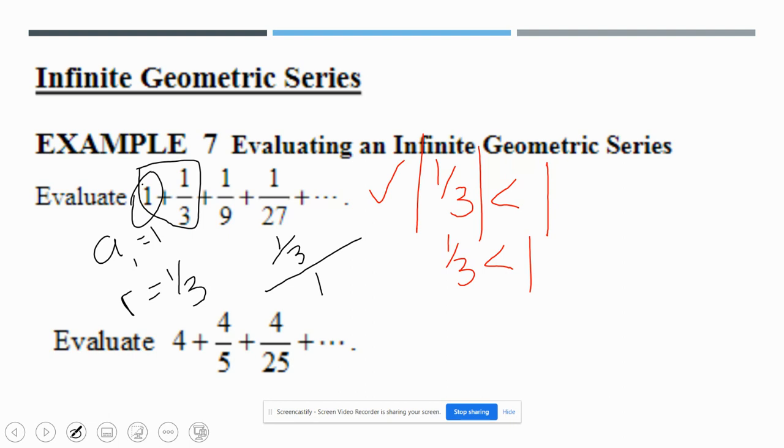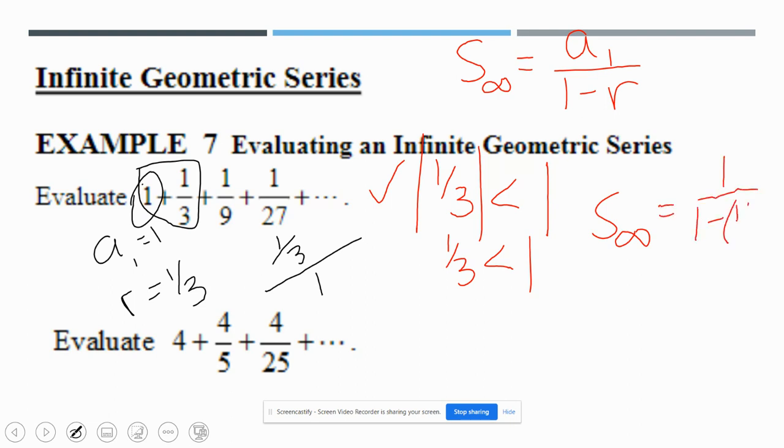So because of that, we're allowed to use our formula. I'll write it up here again: a sub 1 over 1 minus r. So the sum of our infinite sequence is 1 divided by 1 minus 1/3.